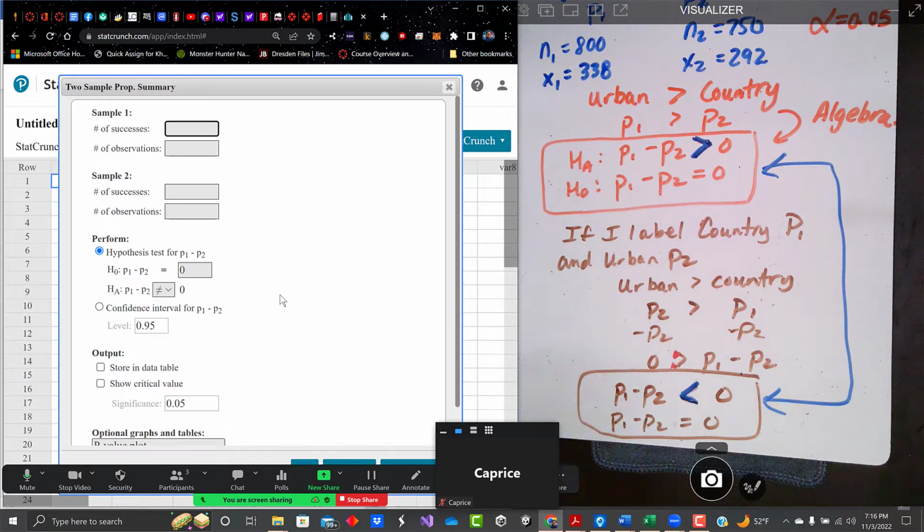I labeled population 1 urban, so I'm going to put the urban data in sample 1. I've got 338 and 800. And for sample 2, I've got 292 and 750.